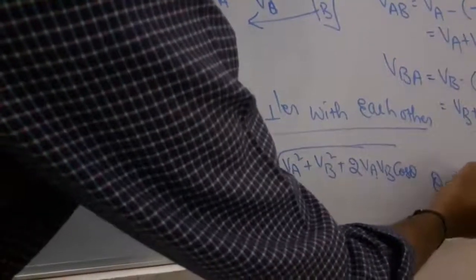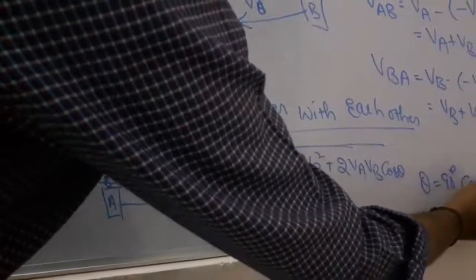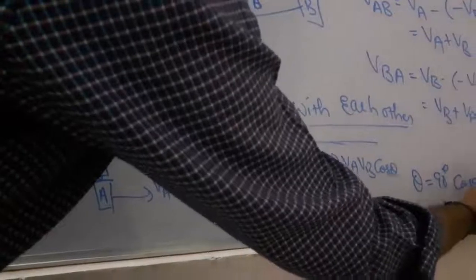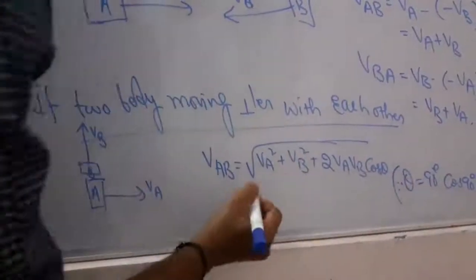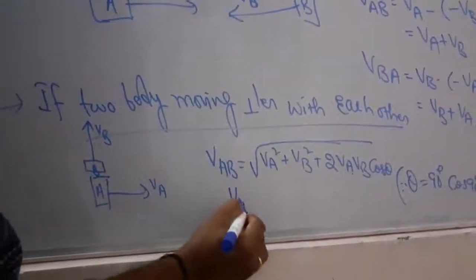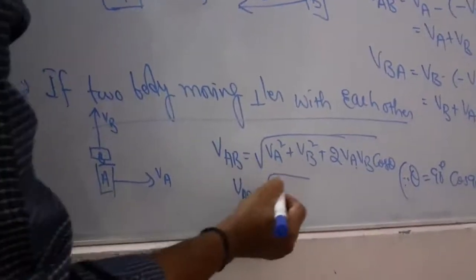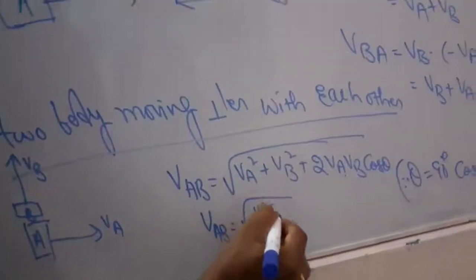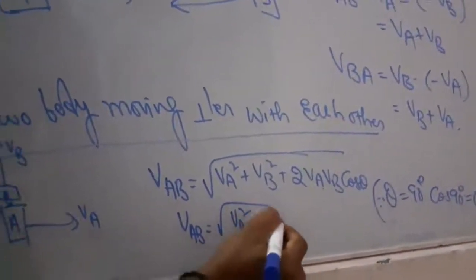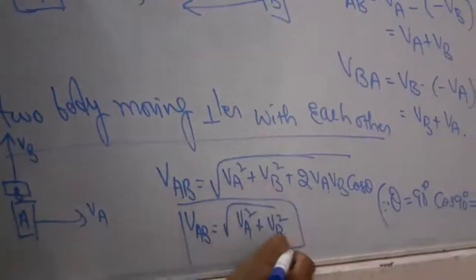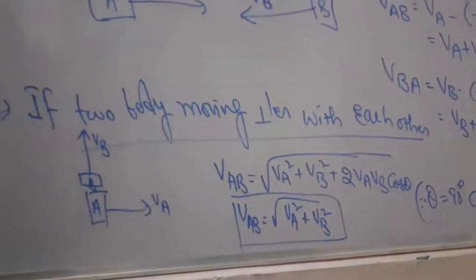Theta is 90, cos of 90 is equal to 0. Therefore VAB is equal to the square root of VA square plus VB square. This is called relative velocity.